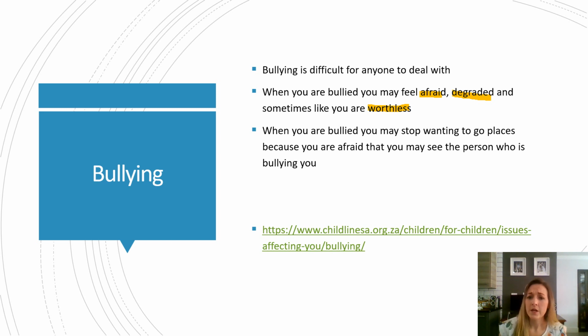When you're bullied, you may want to stop going places because you are afraid that you might see the person who is bullying you. This goes specifically for school. If you're being bullied at school, often you don't want to come to school because the bully, the person that's making you feel bad about yourself, is there. And that's terrible because school is education and education is a basic right.